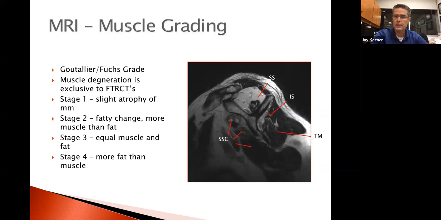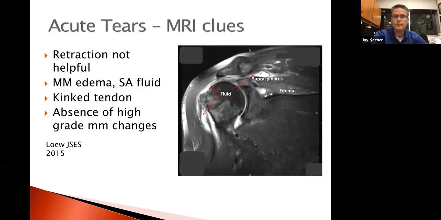So partial thickness tears do not really lead to muscle degeneration. Stage 1 changes are very slight atrophy. Stage 2, you see some fatty change, but there's more muscle than fat. Stage 3 is kind of the breaking point or the equilibrium where you have equal muscle and fat. And then stage 4 is advanced disease with more fat than muscle.